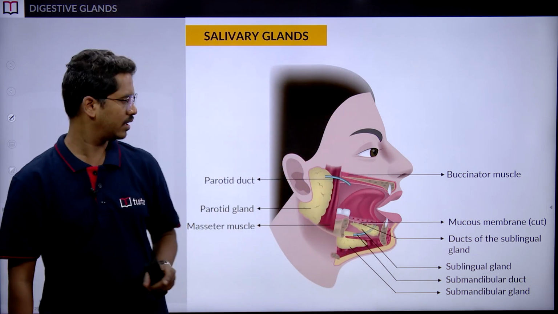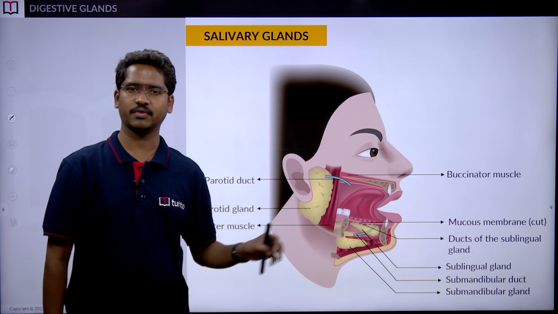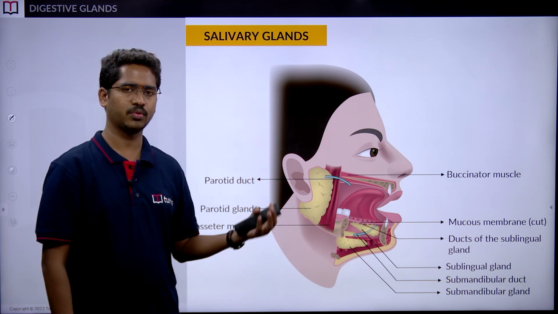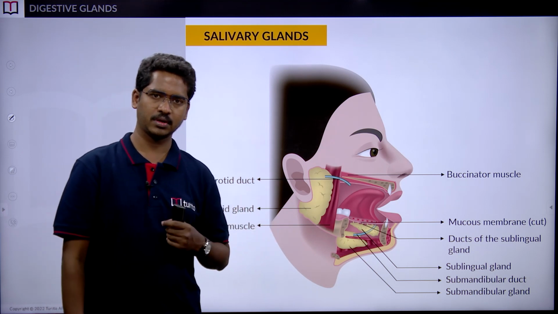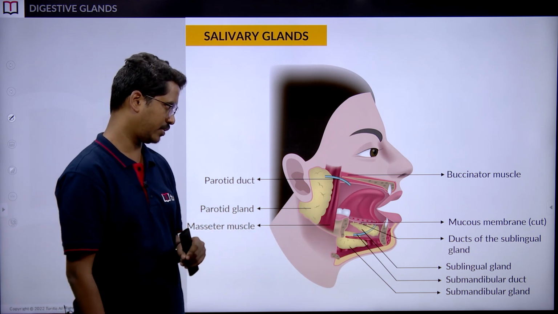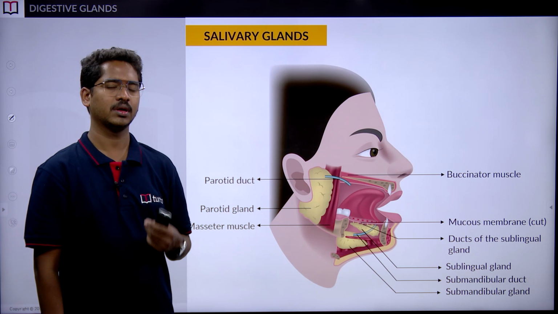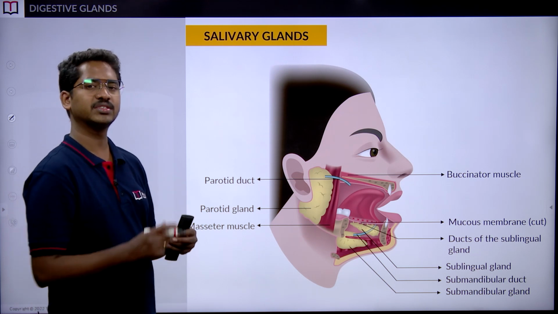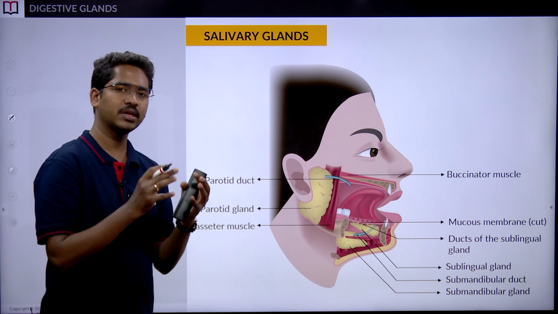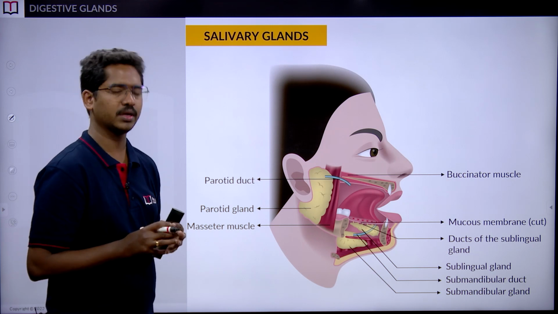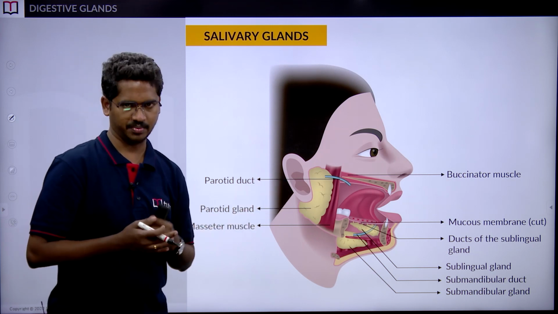This is our buccal cavity. We have removed the lateral side of our buccal cavity to show it. When you observe, there are different types because, based on the region where the salivary glands are located, they are of different types.